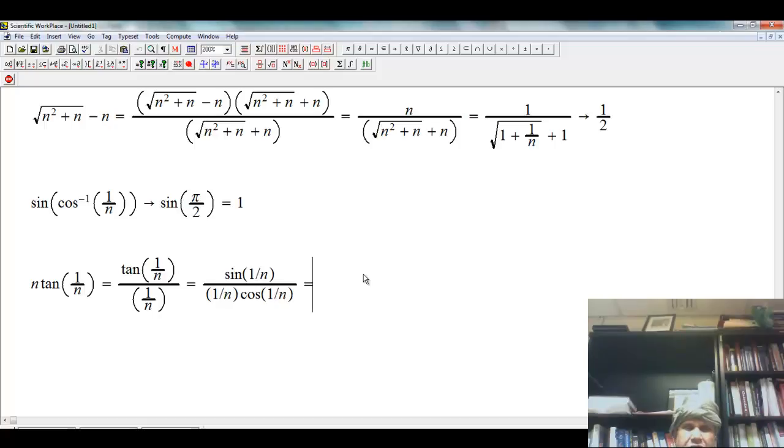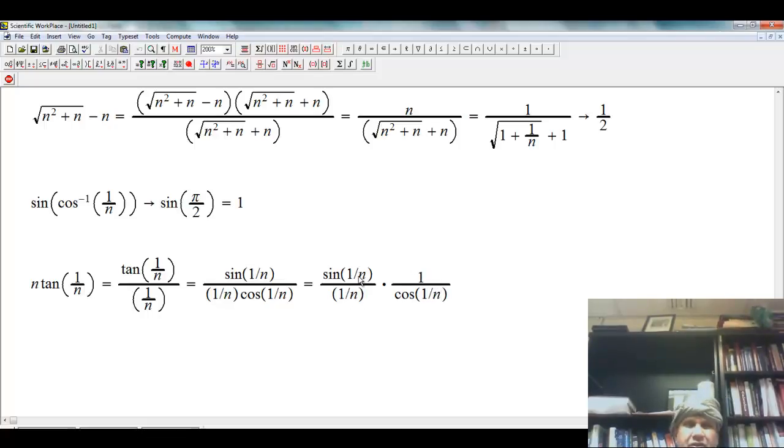So here, you had n times tangent of 1 over n, right? So this can be written as tangent of 1 over n over 1 over n.